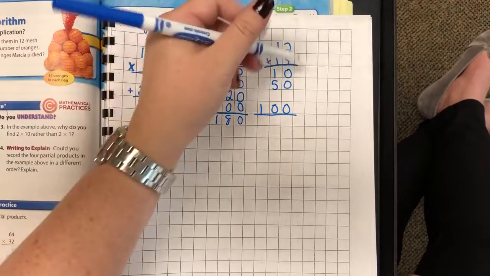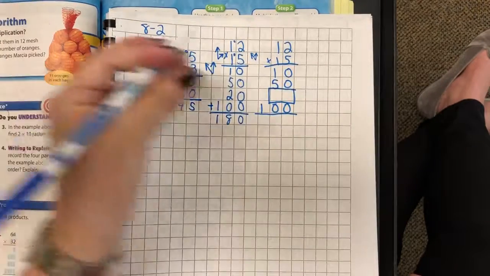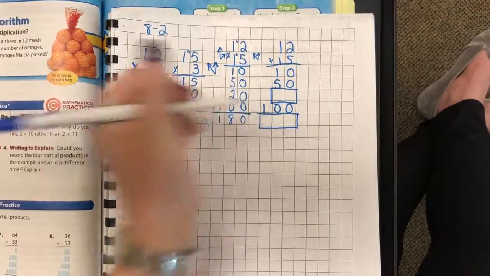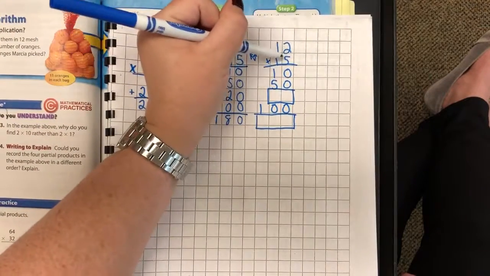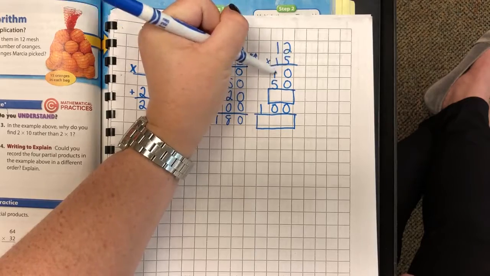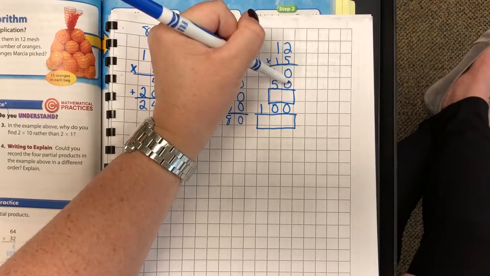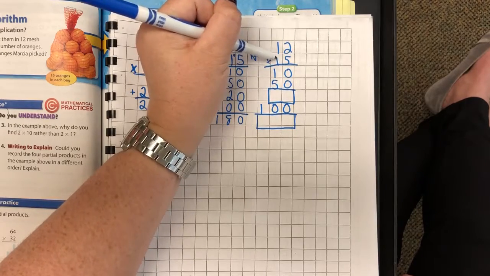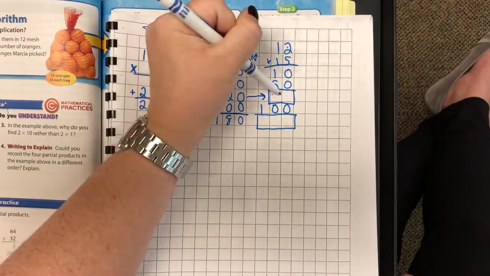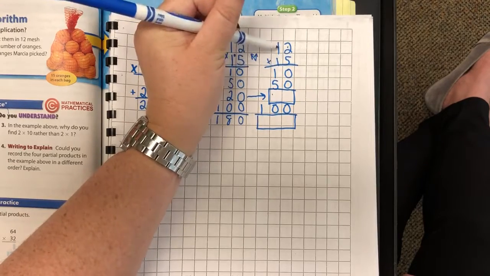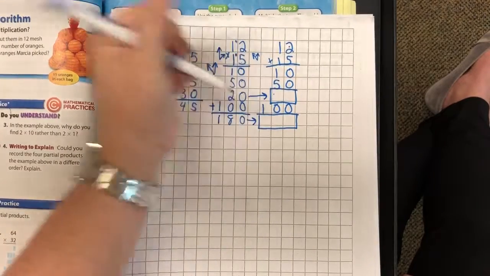So that means you have to figure out what goes here and then what goes here. You have to be able to look at this and go, oh, well, they've already done the 5 times 2, which is 10. They've already done the 5 times 10, which is 50. So the next part would be 10 times 2. That's 20. That's what goes in that box. And then they've already shown me 10 times 10 is 100. Now I need to add everything up to get my answer.